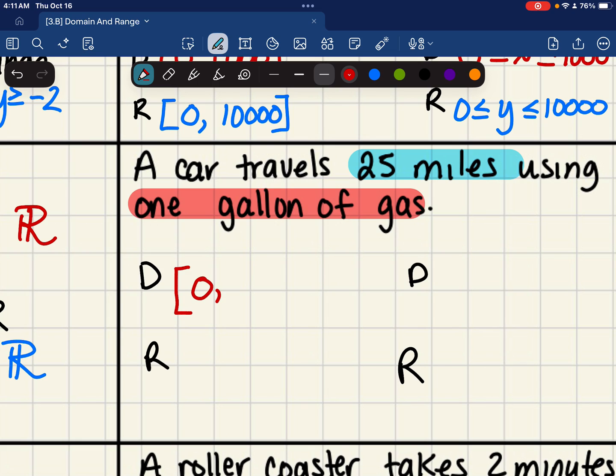I can't put negative gallons of gas in the car. And the most number of gallons I could have here is 1. Now if I'm thinking about mileage, if I put 0 gallons of gas in the car, I'm going to go 0 miles, right? And if I put a full 1 gallon in the car, I go 25 miles.